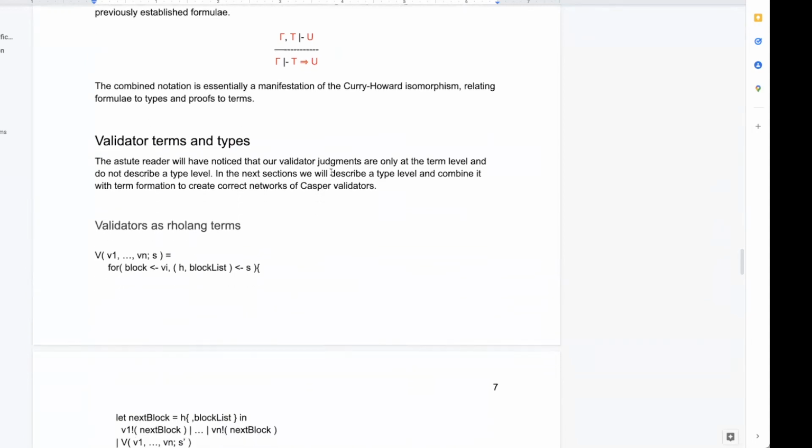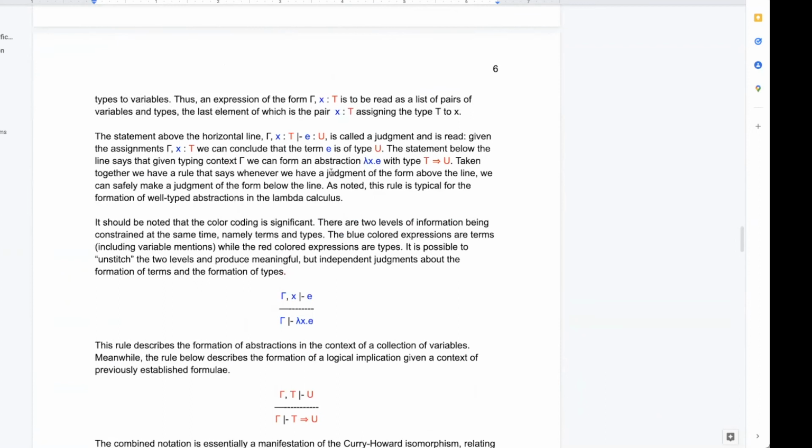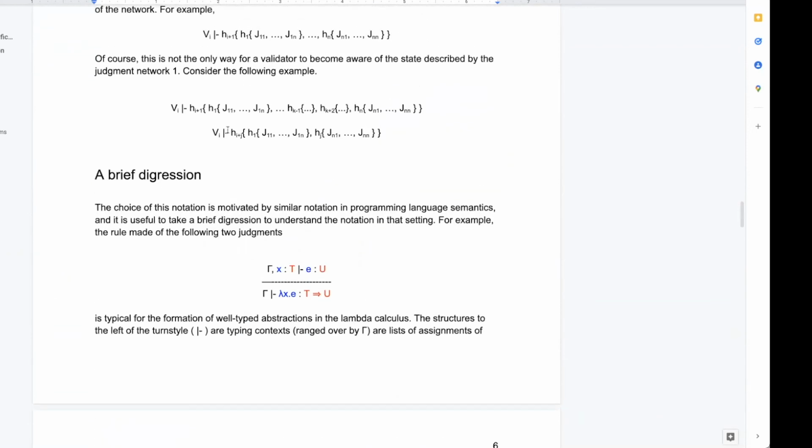Now we can see that our notation up here is missing type information. And so we're going to expand this notation to provide type information, on both sides.